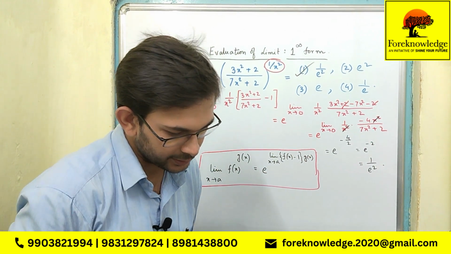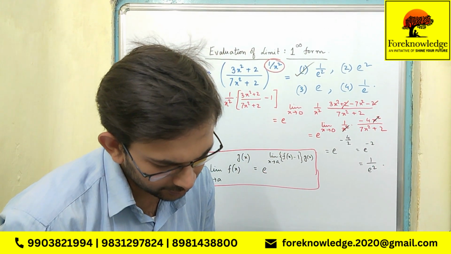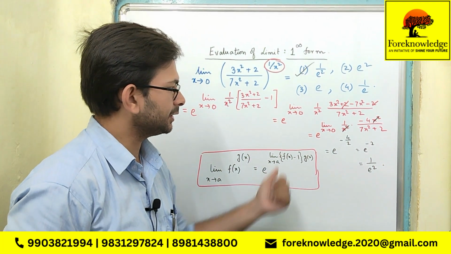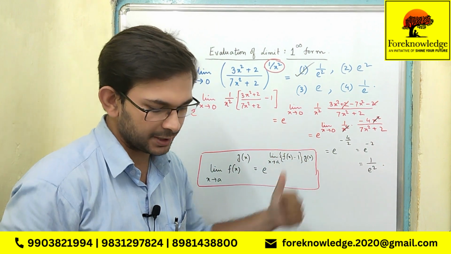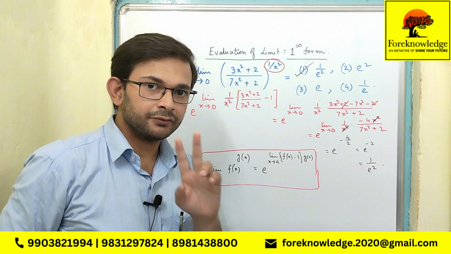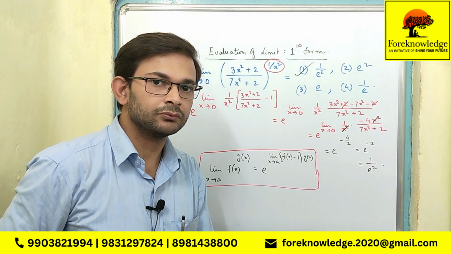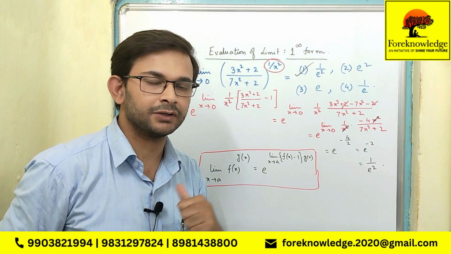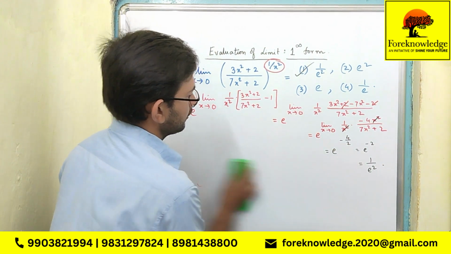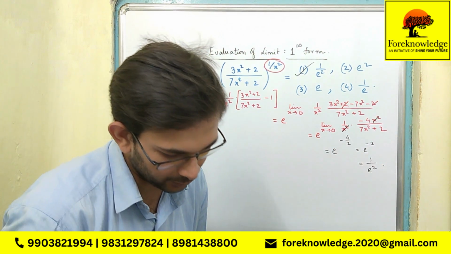Look how simple the problem is once you know the short trick. Now I am going to give you an assignment in this type of problem. I am just erasing this part and I am going to give you 2 problems. You solve the problem and let me know the answer in the comment. These are the two problems.